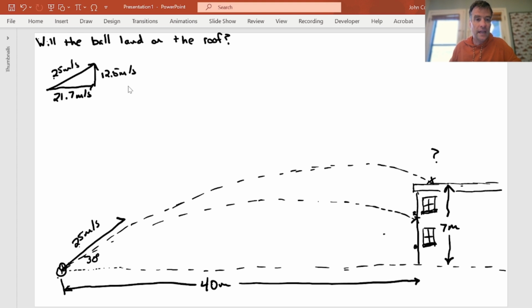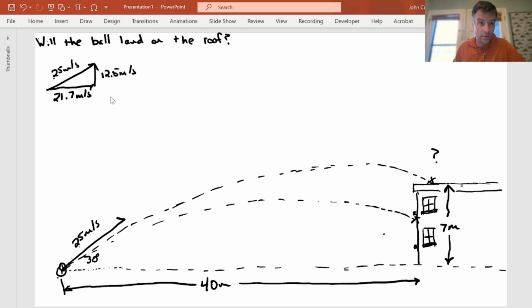All right, now we have to think about the problem a little bit. The fastest way to answer this problem is really going to be set on how high the projectile is going to be when it travels a horizontal distance of 40 meters. So the 40 meters is really the parameter that's setting the tone for this problem.